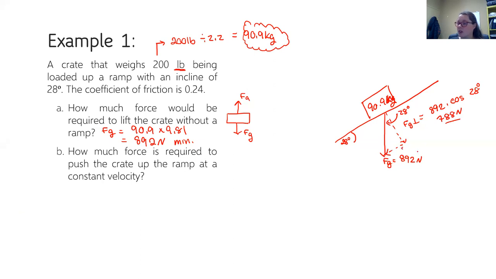Now, for this one, I don't have enough space, so I'll write it off to the side. Fg parallel, pulling it down the ramp, is going to be 892 sine 28 degrees, which is equal to 419 newtons.